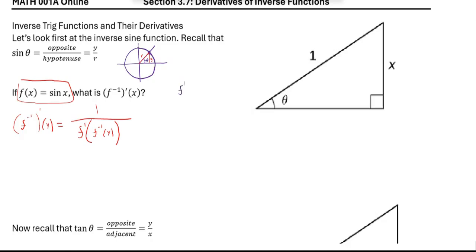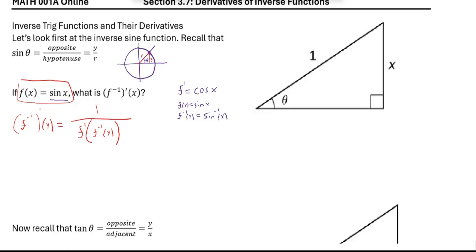Well, f prime, we know from before, the derivative of sine is cosine. So we got that. What is f inverse of x? F inverse of x is going in reverse. So if f equals sine x, then f inverse we just write as sine inverse of x.